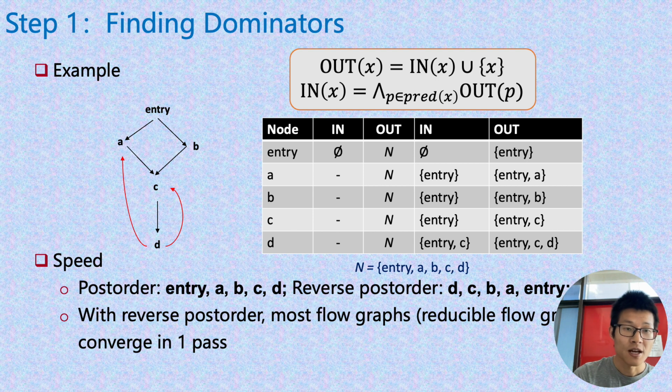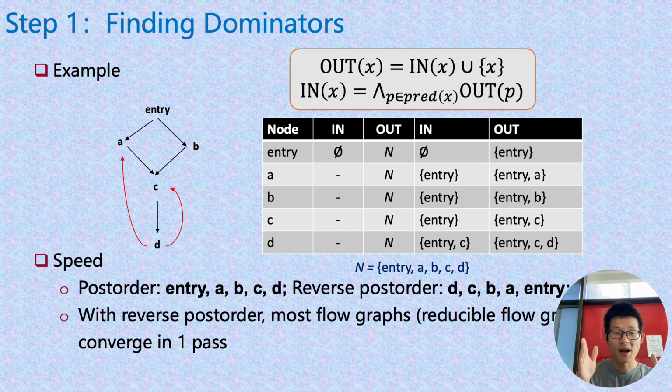That is, D's out value, which is N, and entry. It's N and entry, so the intersection should be entry. And using the first transfer function, we get the out value of A to be entry and A. And similarly, we can compute the in and out values for other nodes. And the results are here.